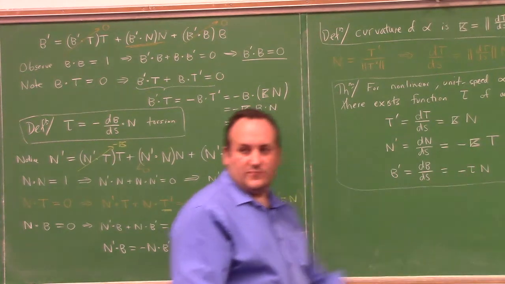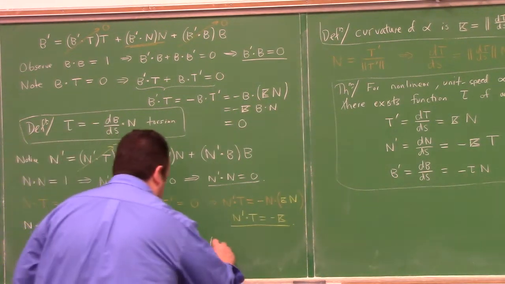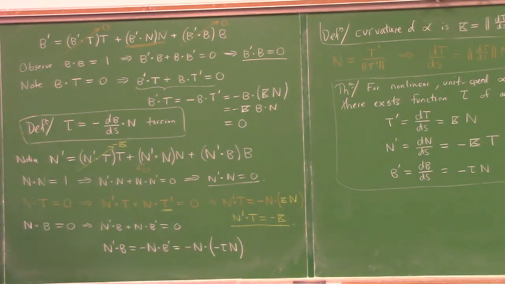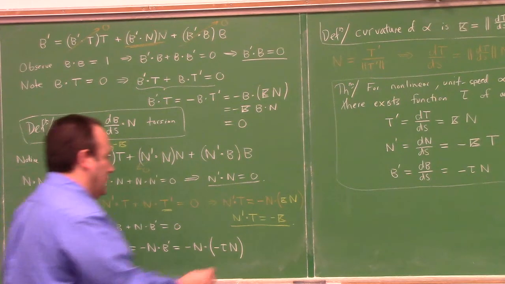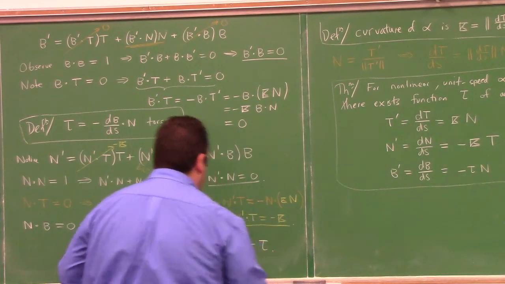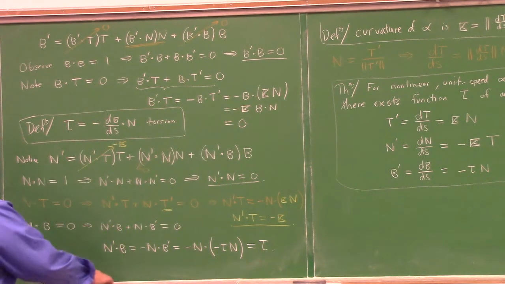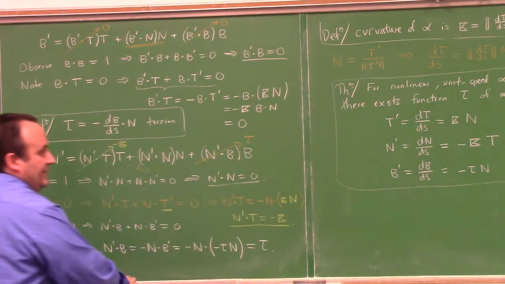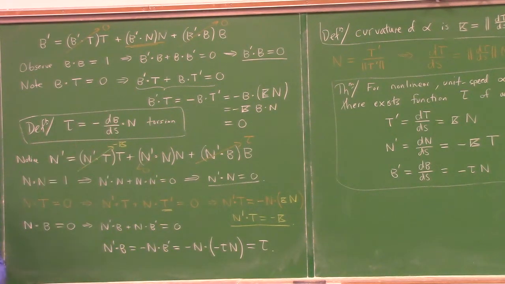Right. Yeah, negative tau n, right? So this minus and that minus cancel, and n dot n is 1. This is tau. And so there you have it. This right here works out to tau. And that's exactly the second Frenet-Serret equation over there.